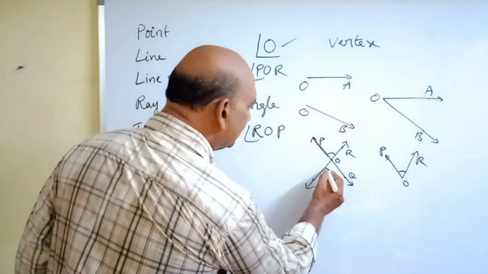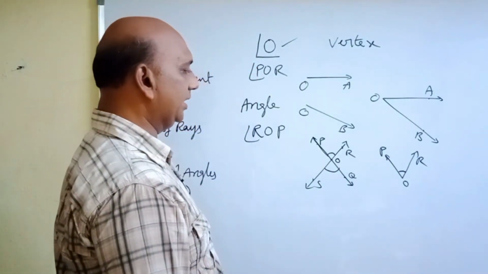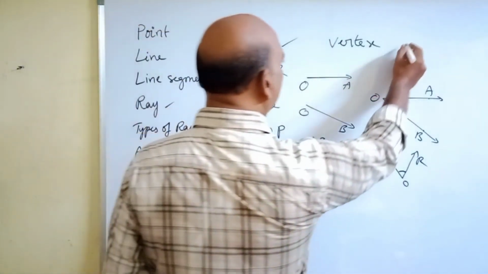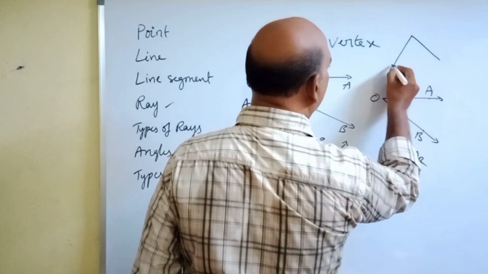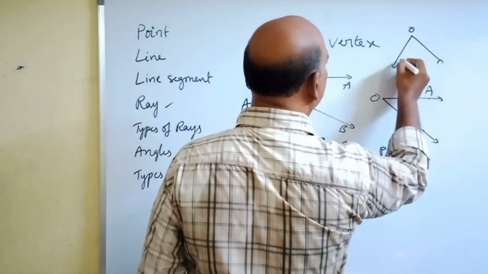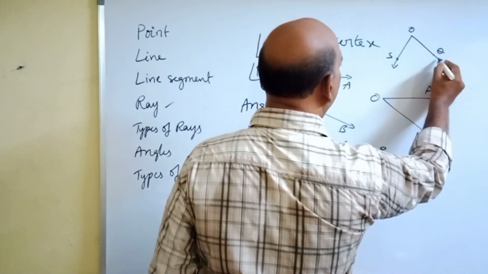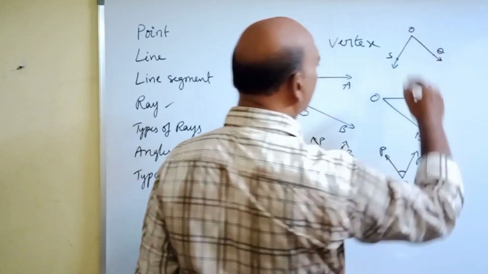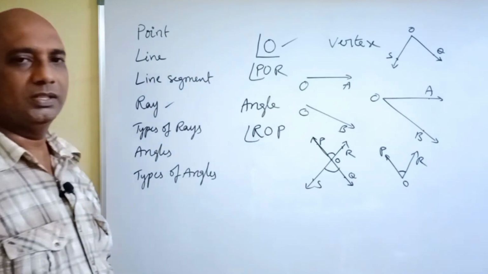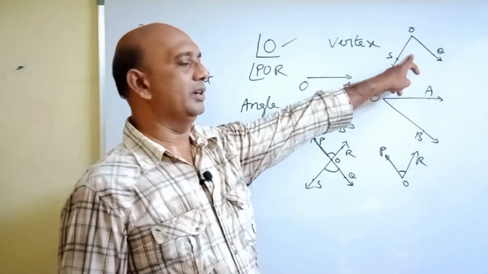Let us take this figure, angle SOQ. This can be drawn separately here. This is O and this is S and this is Q. SOQ. What are the methods by which this can be indicated?